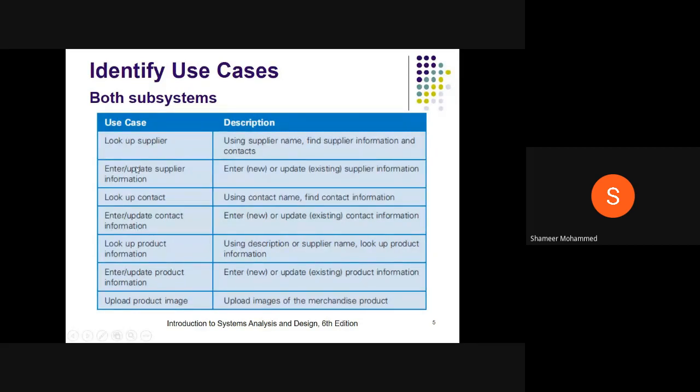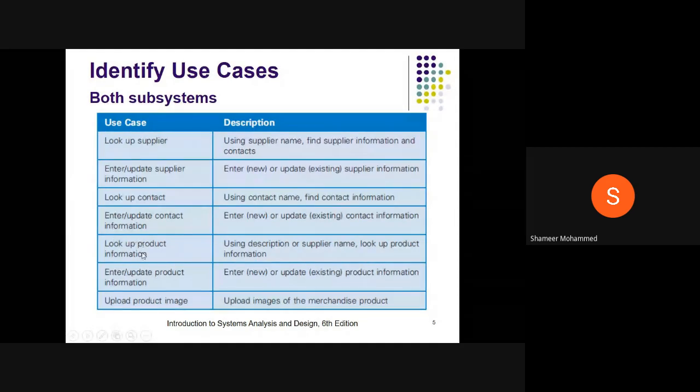You have to store the supplier information if he is new. If he is an old supplier, update the existing supplier. This is one case. Another case is searching for the contact number of the supplier. Next use case, enter the contact information if it is new. If it is existing, then update the old contact number.